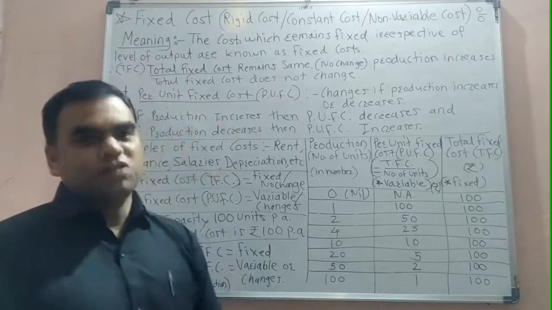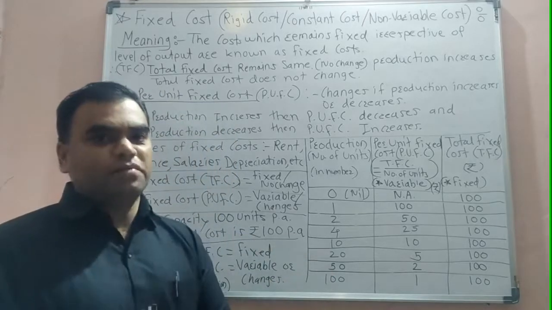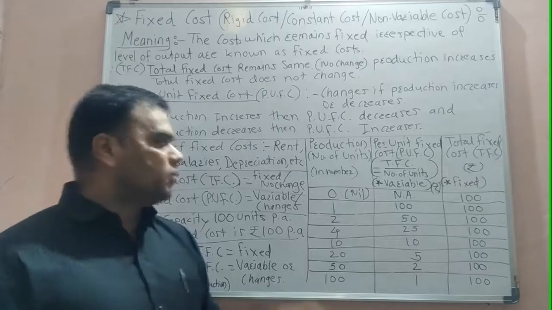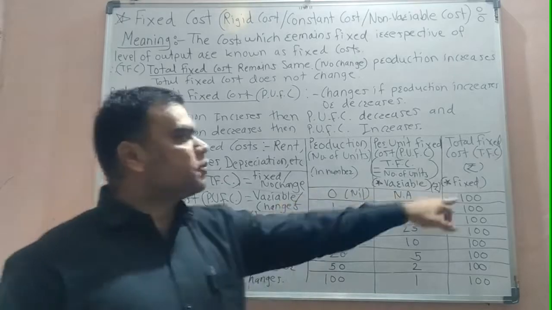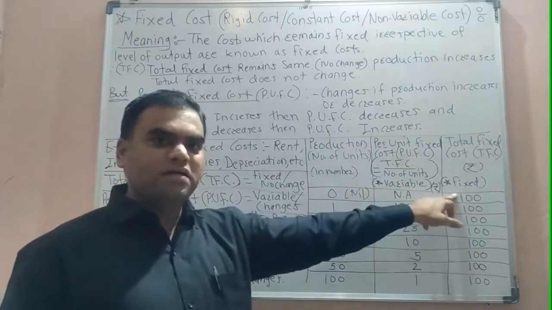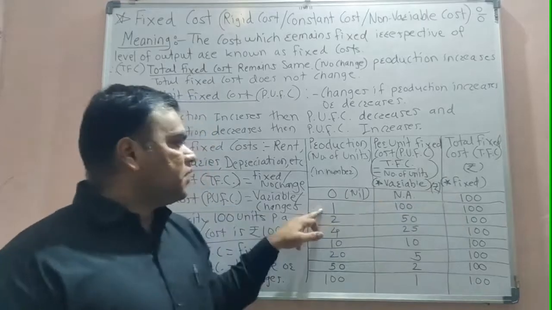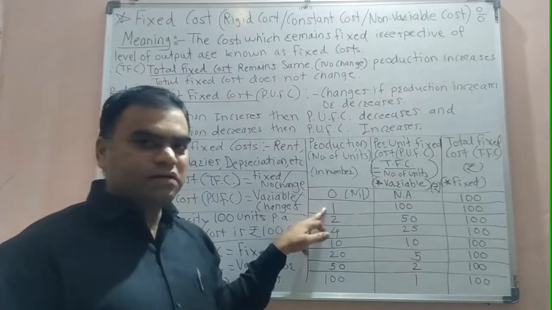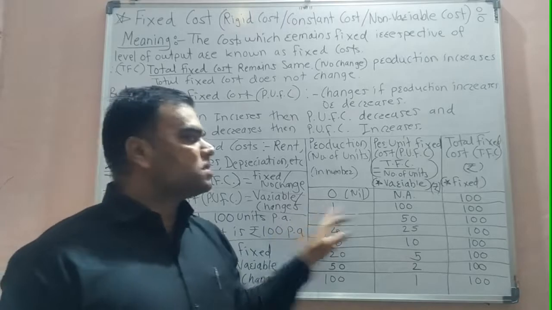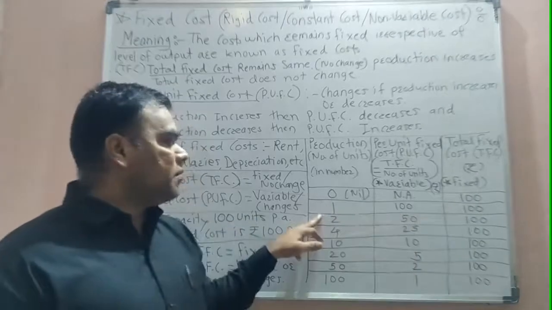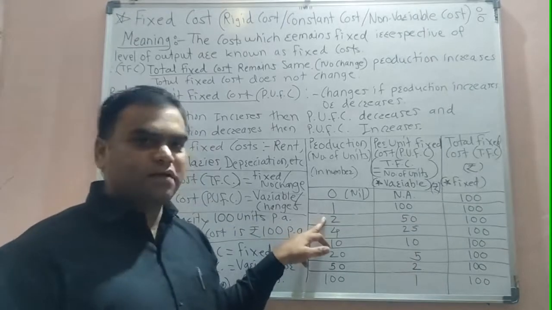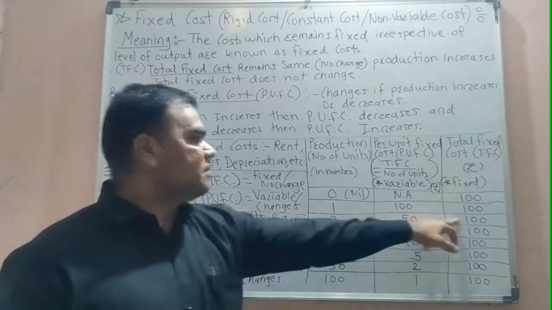Like rent: suppose rent is rupees 100 per annum and you manufacture 0 units, even though you will have to pay rupees 100 as rent. If you manufacture a single unit, total cost is still 100. If you manufacture 2 units, the rent amount remains the same, 100.